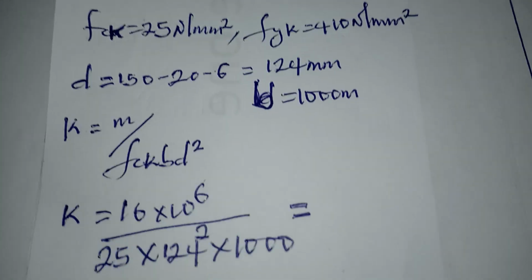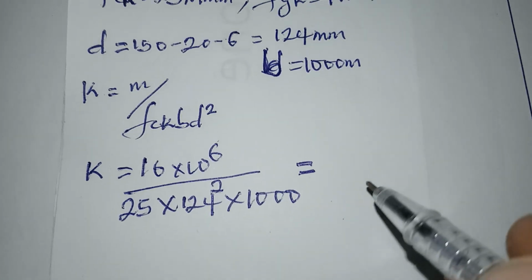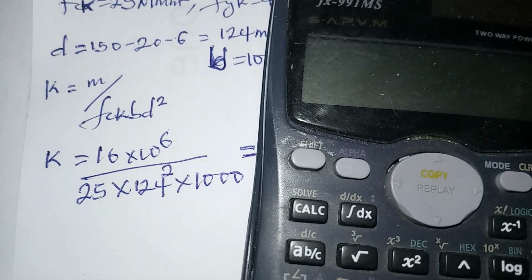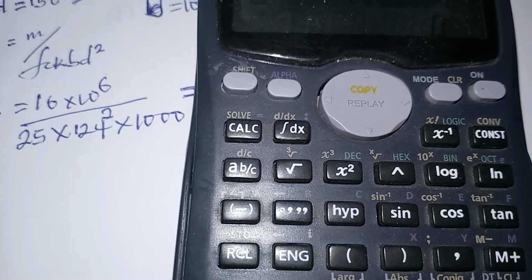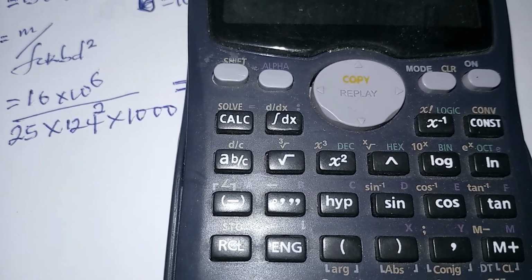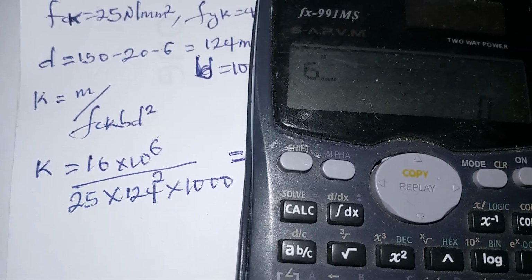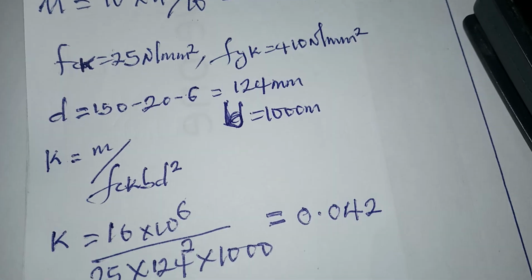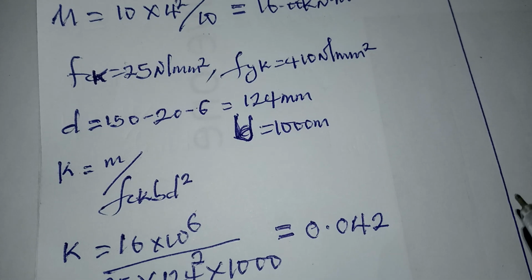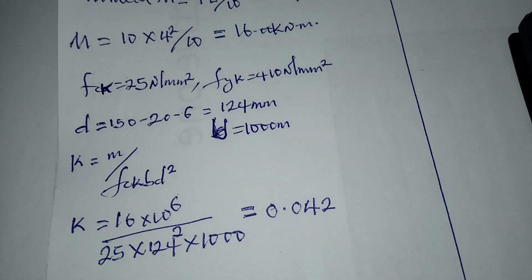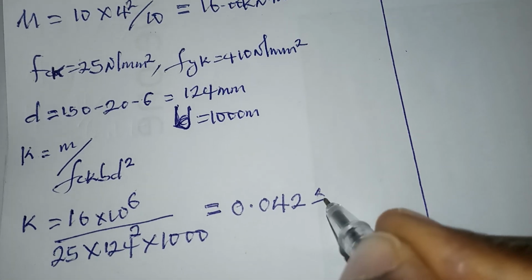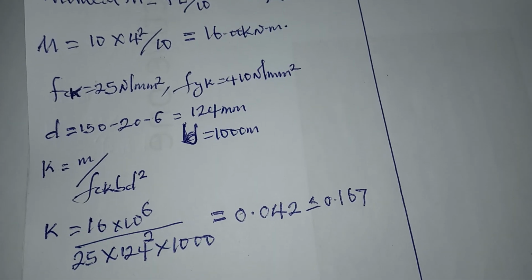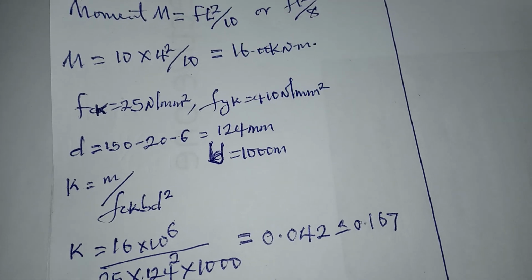This will give us 0.042, which is okay since K is not allowed to be greater than 0.167.